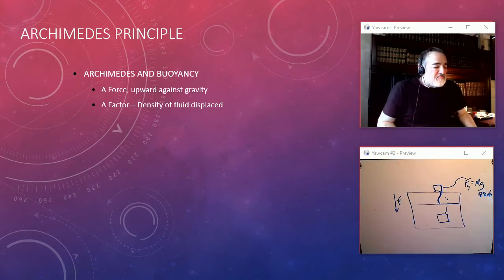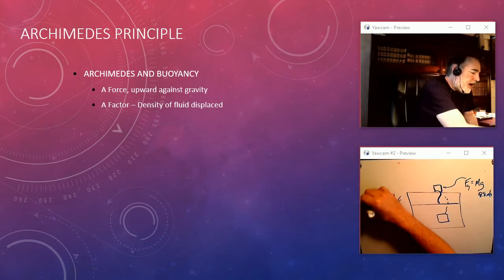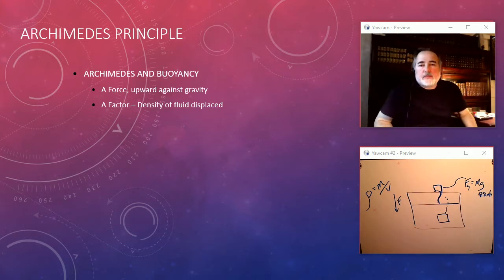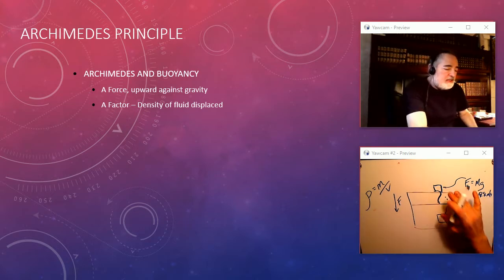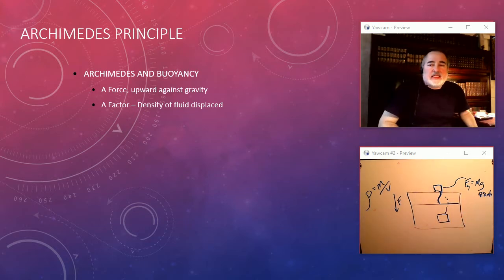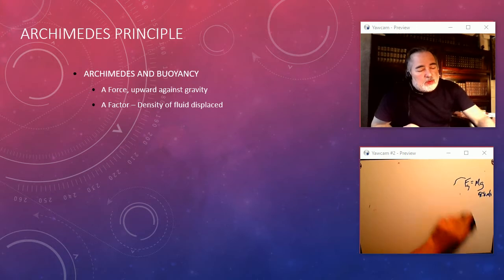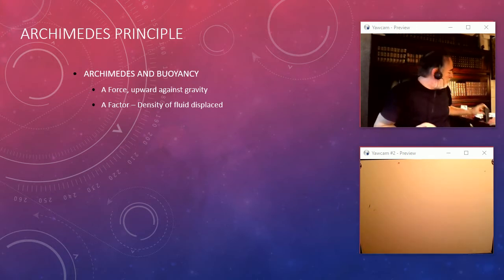But that's not going to be enough for a cork because its density, if you remember, we have density, mass over volume. Its density isn't better than the density of the water. Now, what Archimedes came up with is that it has to deal with the amount of the fluid that is displaced.